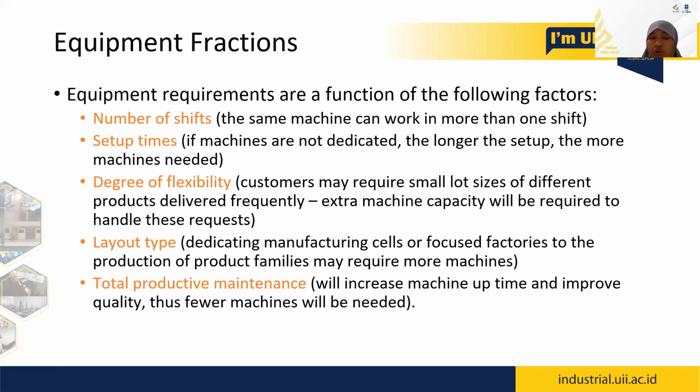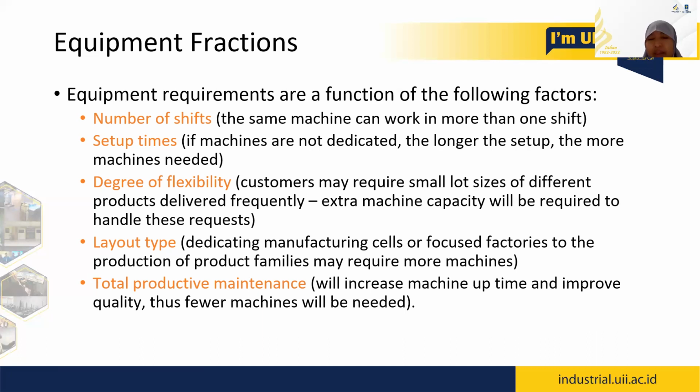And if we are not talking about flexibility, it means that once we run the production, there is no additional product, or we are not going to add some capacity or decrease the capacity. Okay, however, if we try to be as flexible as possible, the customer might require small lot sizes of different products, but then they want you to deliver them frequently.